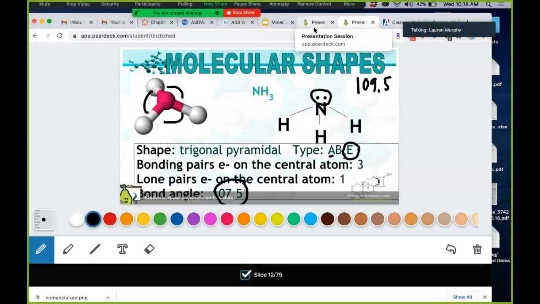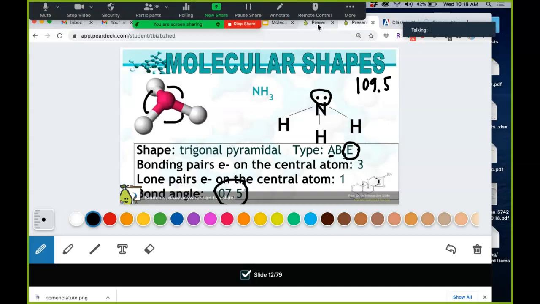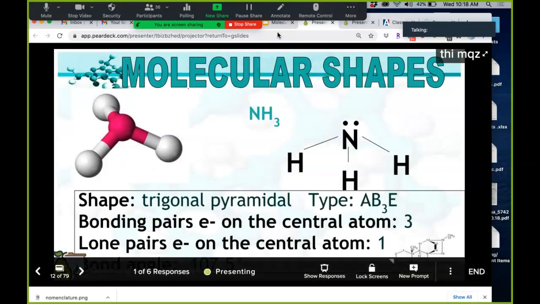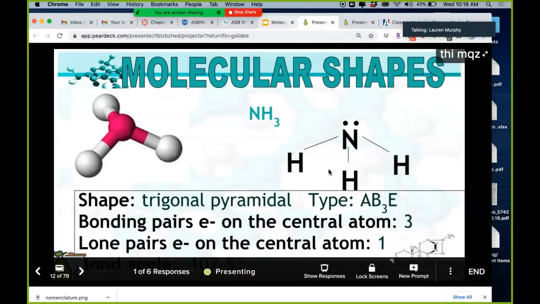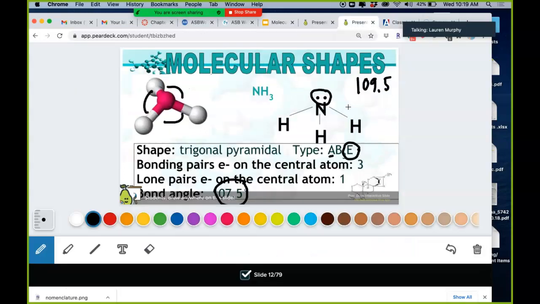Questions on ammonia? All right. So the last thing I said was that lone pairs of electrons cause slightly more repulsion than bonded pairs do. Not a lot more, right? CH4 and NH3 all have 4 electron domains.